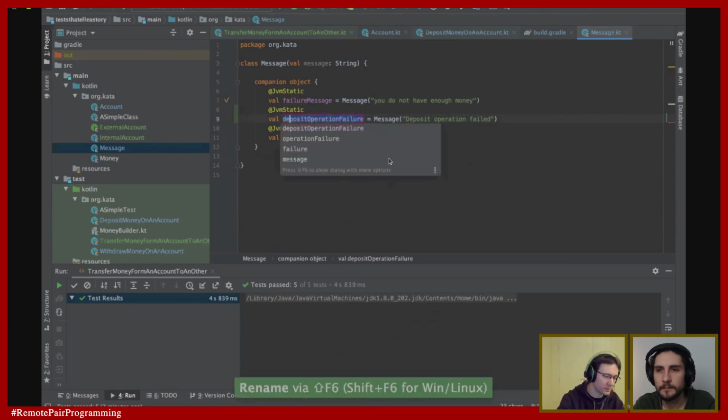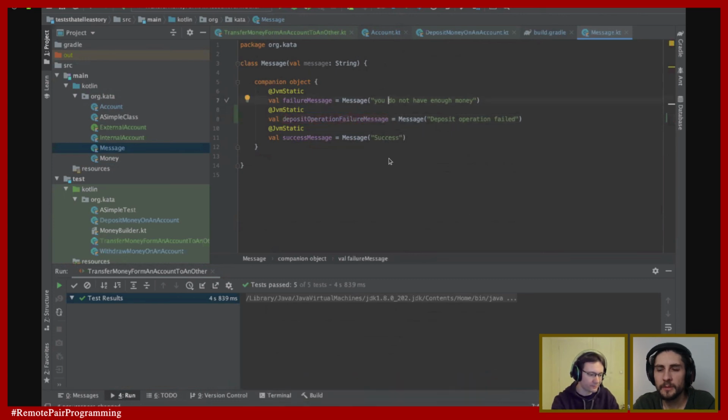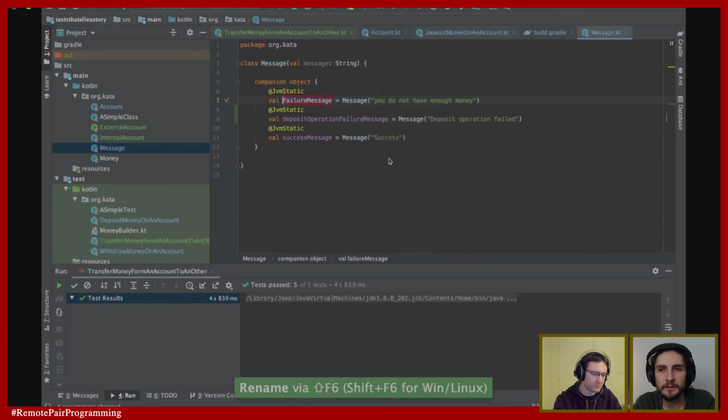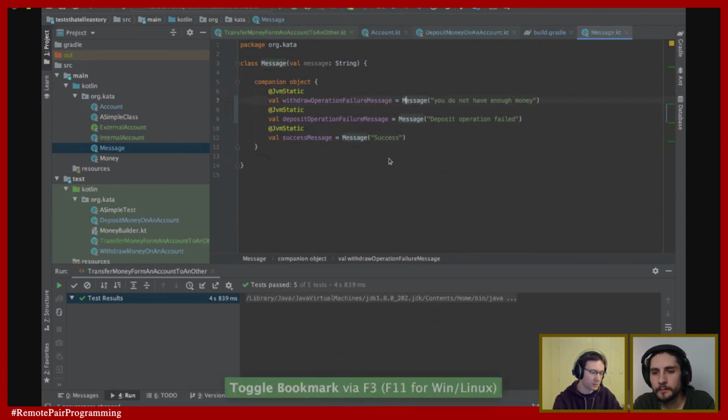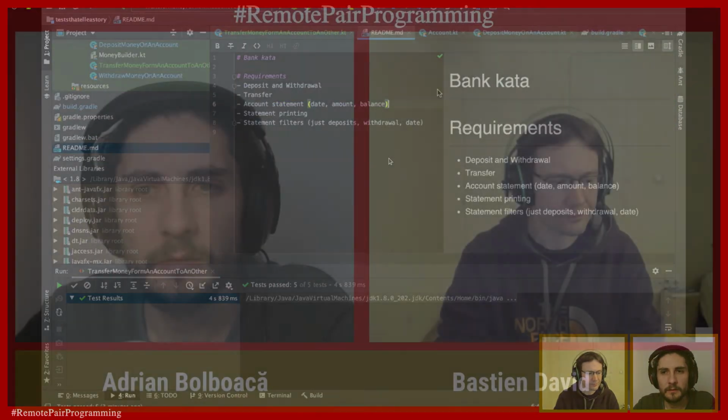Oh, yeah, sorry, I didn't understand. Yes. And the failure message is too generic. So let's say you don't have enough money, failure message, withdraw operation failure message. Or yeah, something like that. So we can have the same: withdraw operation failure message. Okay. Is that okay for you? Yeah, that's great.